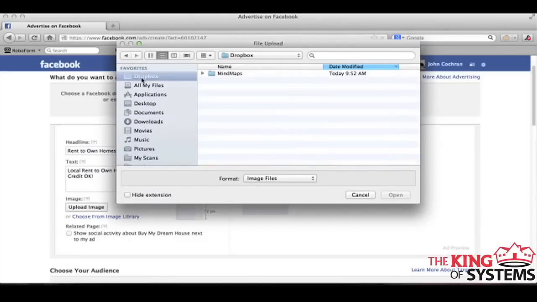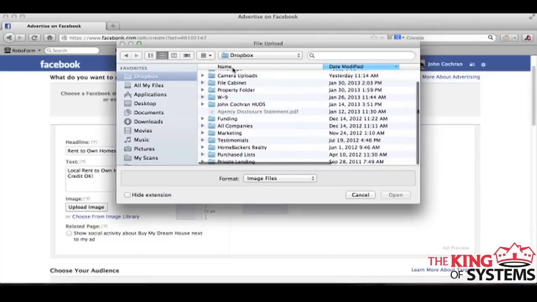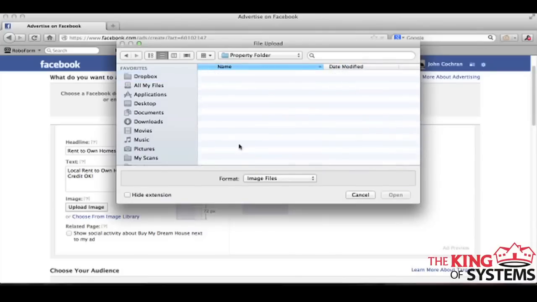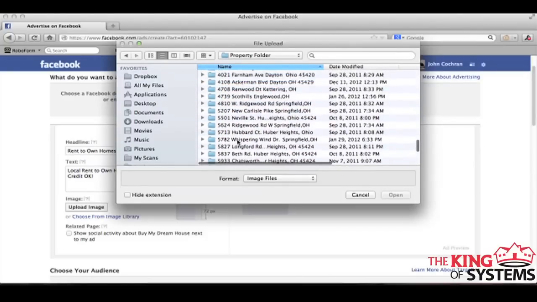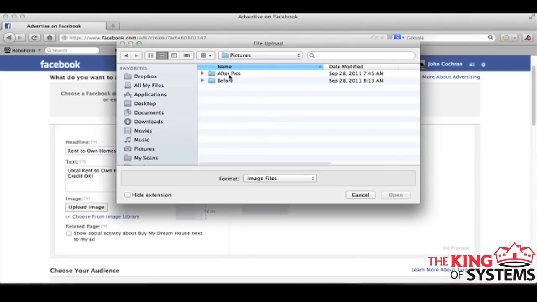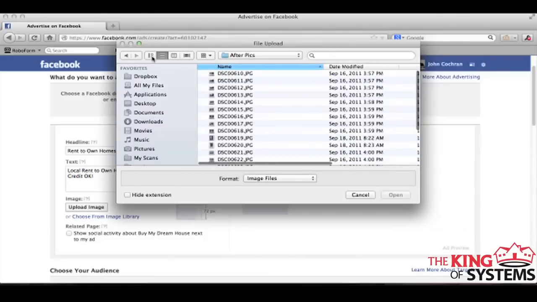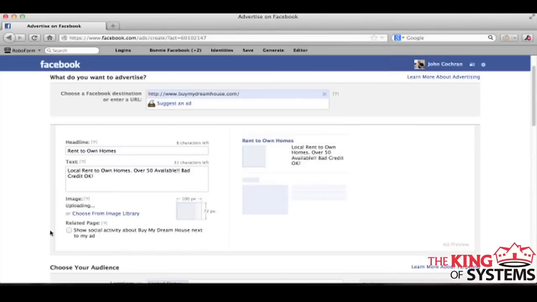One image that we always use in our business is a home that I have flipped on Neville Street right here. For some reason, I don't know why, but this particular picture has pulled the best. I've just tested this stuff inside and out.